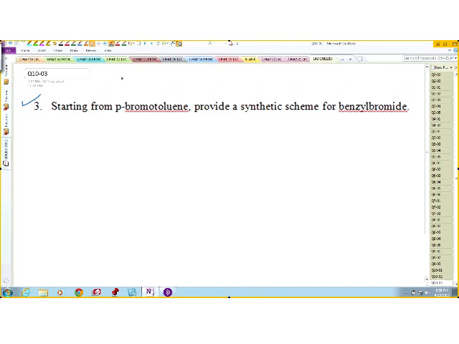In other words, we want to go from here, that is p-bromotoluene, to here, benzyl bromide.